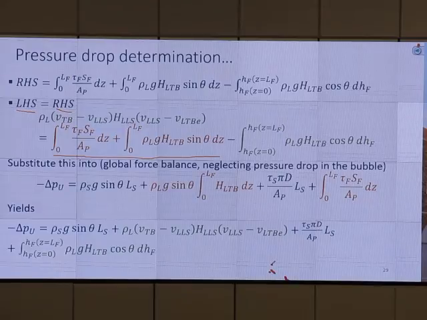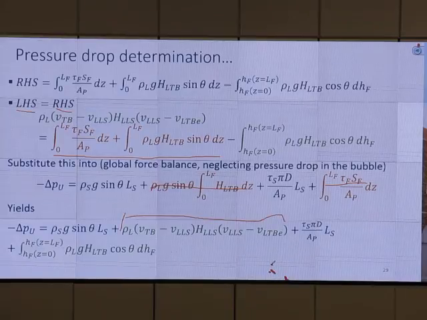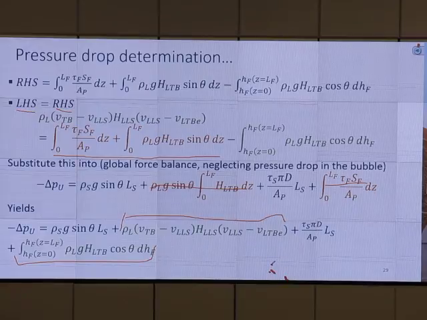So I change this brown by this green thing that I got earlier by integrating the Taitel-Barnea equation. Just substitute it in. And you will notice something.